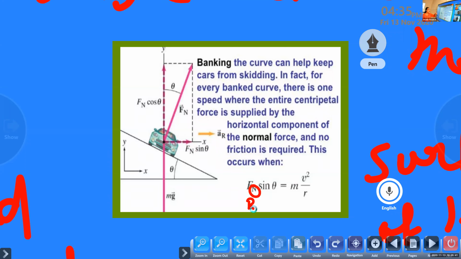The resultant force is acting this way, and then it is resolved into two components, r cos theta and r sin theta, because it is making an angle theta.